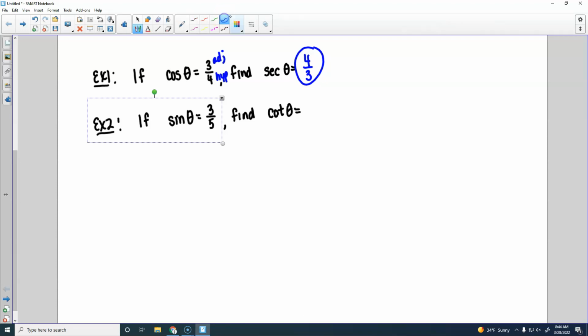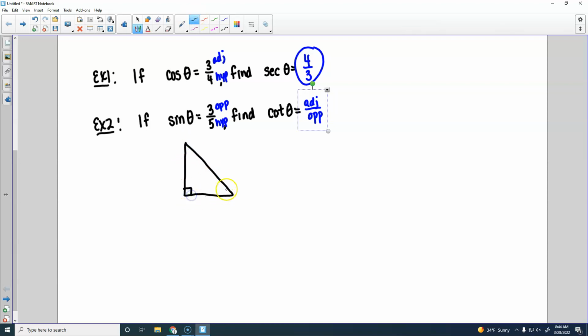So this time I've got opposite side over my hypotenuse is 3 over 5. But cotangent is adjacent over opposite. Do we have our adjacent side? We do not. But we can find it because we know that we're dealing with a right triangle here.